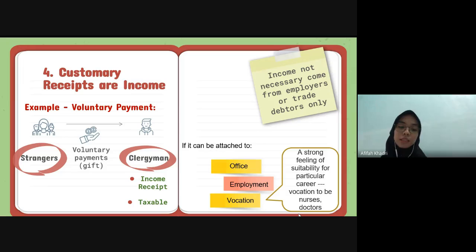Recipient here is the clergyman. But if the payment is attached to an office, employment or vocation only. Vocation here means a strong feeling of suitability for a particular career. So in this case, it can be attached to vocation as a priest. Thus, the voluntary payment is considered as income receipt and will be taxable to the clergyman.